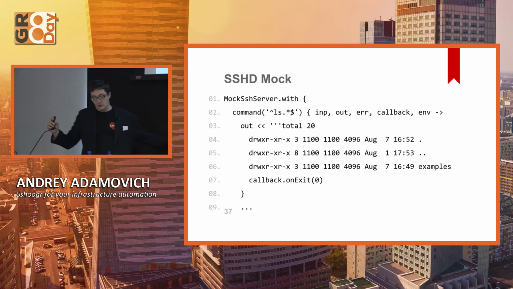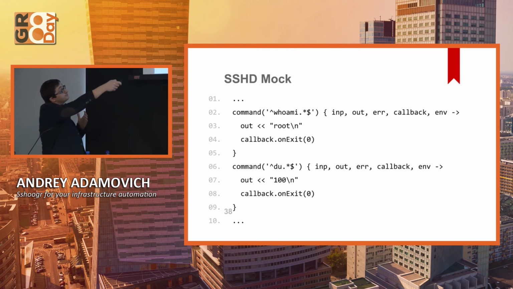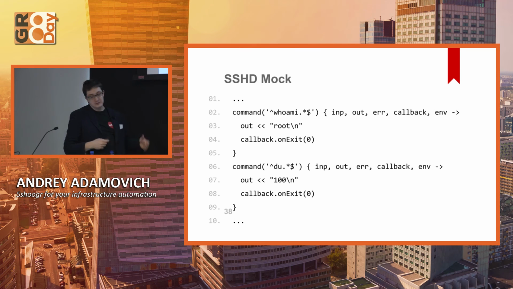Of course, you can get more complex than that. You can define more patterns, play with output, standard error and exit codes to write more comprehensive unit tests against SSH connectivity. That's what we use internally, and it works pretty well.